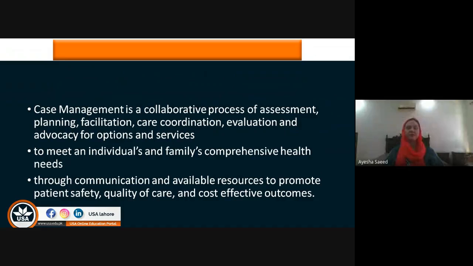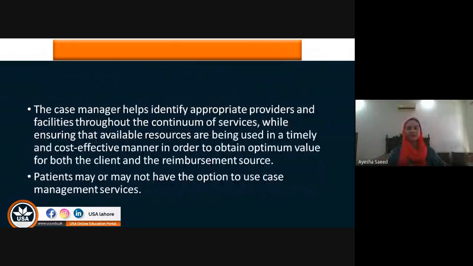So basically, the outcome of case management is patient safety and quality of care, but this is individualized to the person. The case manager helps identify appropriate providers and facilities throughout the continuum of services while ensuring that available resources are being used in a timely, cost-effective manner in order to obtain optimum value for both the client and the reimbursement source. Patients may or may not have the option to use case management services.